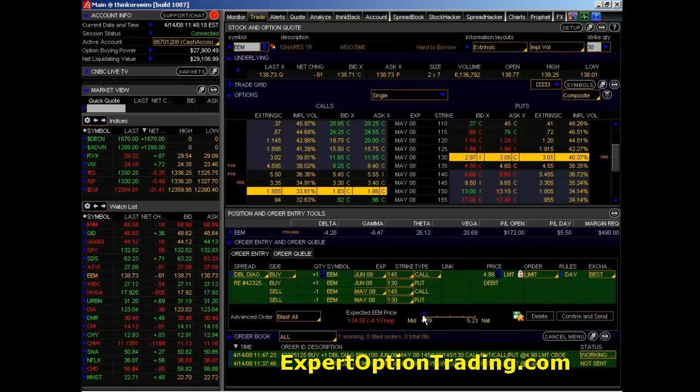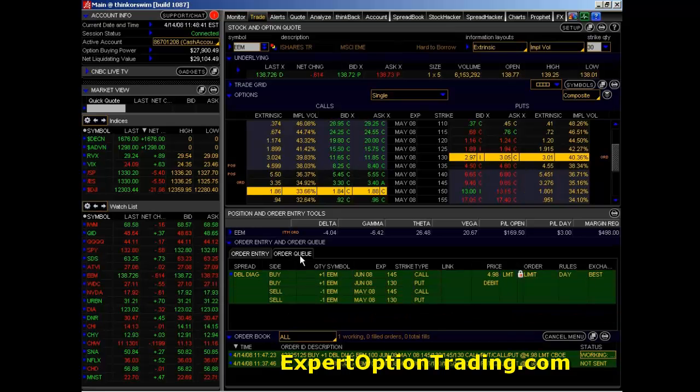Let's take a look. Okay, the current price moved away from us. This is what happens sometimes. We put it in at 4.98, and now the market has moved a little bit against us. It's at 4.99. So we're a penny off of the mid price, which means that we're probably not going to get filled on this.